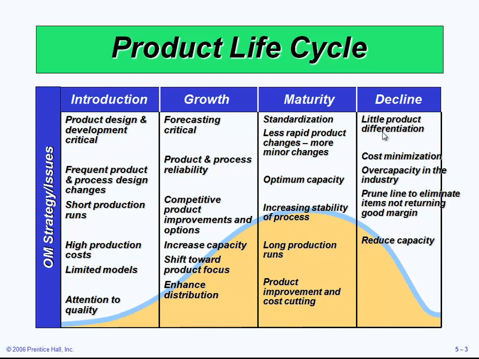In the decline, there is little product differentiation, cost minimization, overcapacity in the industry, and pruning the line to eliminate items not returning a good margin, and then reducing capacity.